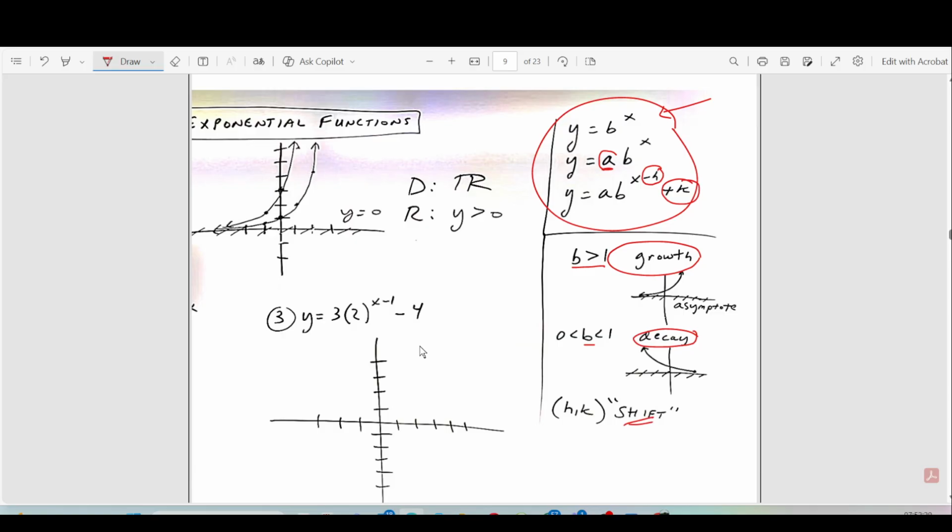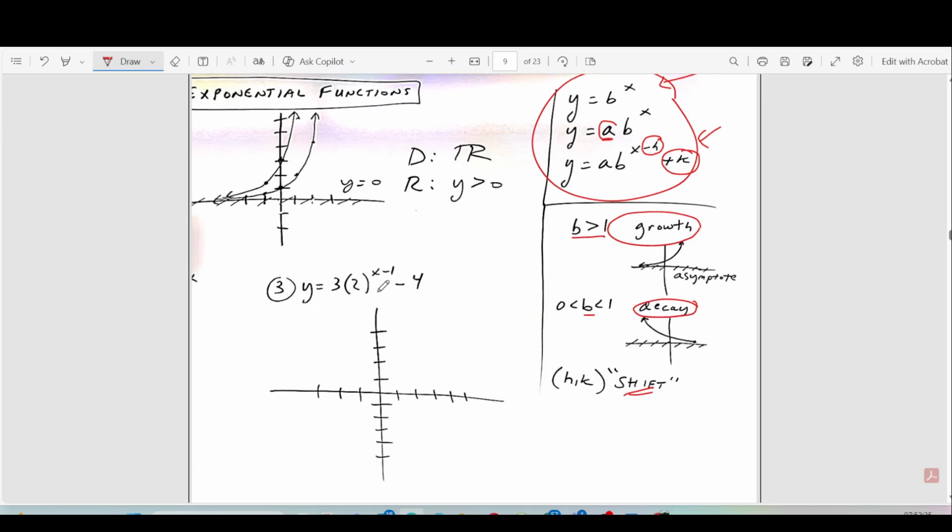So domain is all real numbers for an exponential function. Range depends on the function. Like here we have y = 3^(x-1) - 4. So minus 1 means we need to go right 1, and minus 4 is down 4. 1, 2, 3, 4. So this is the point, right?